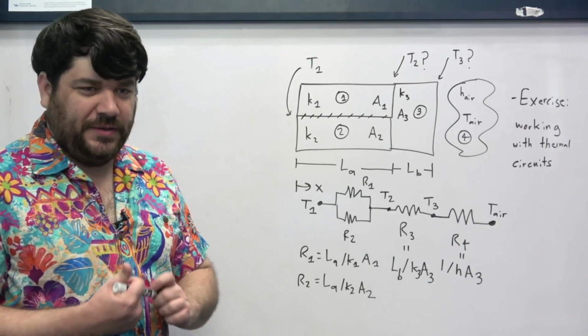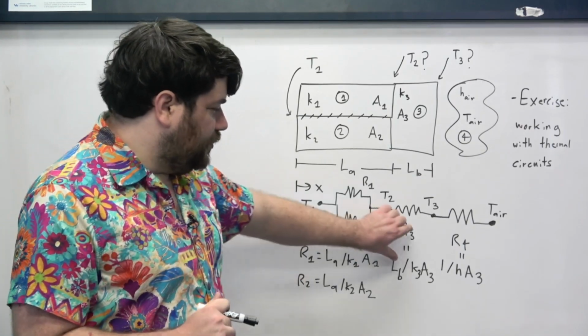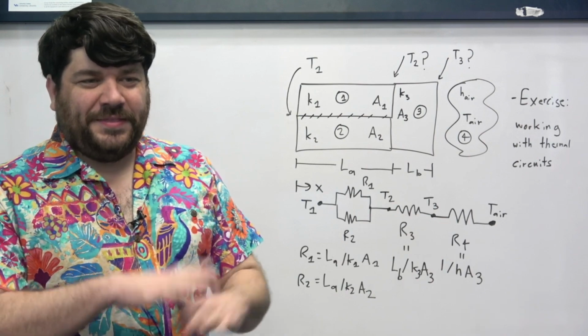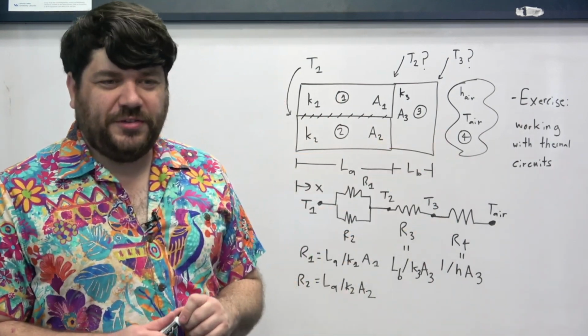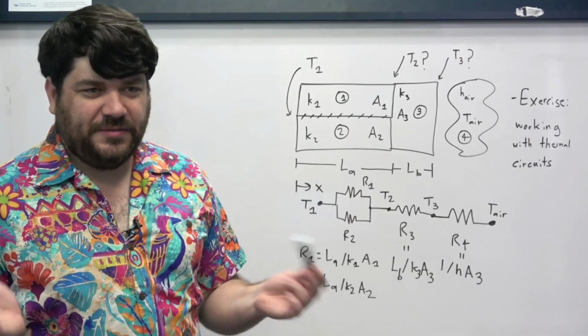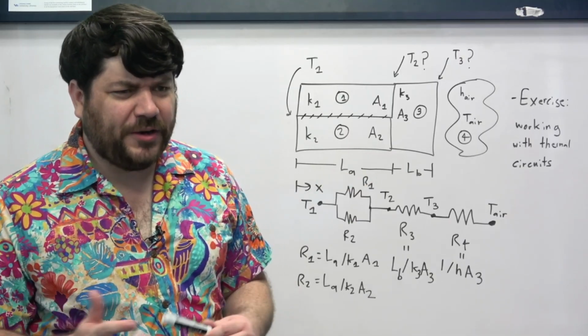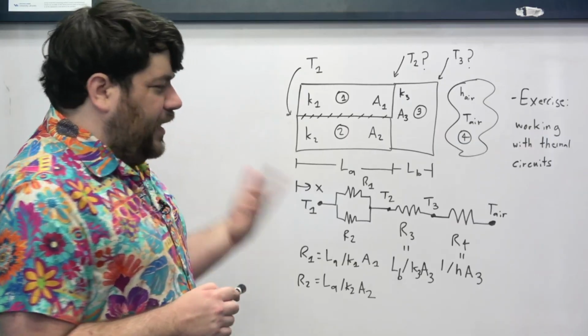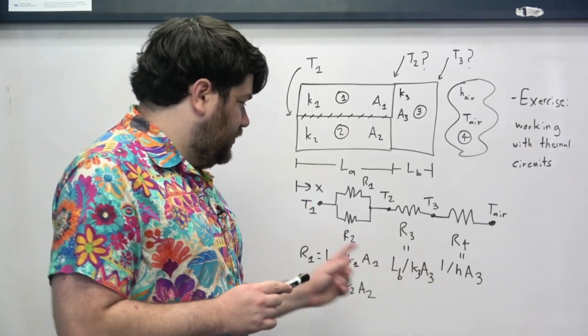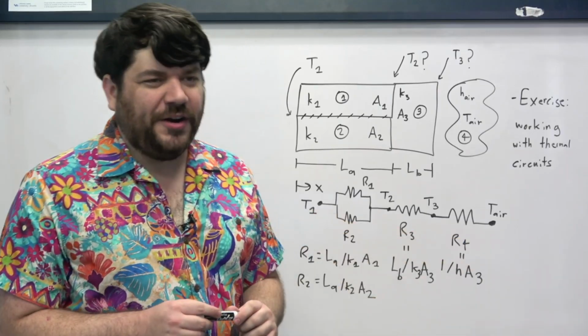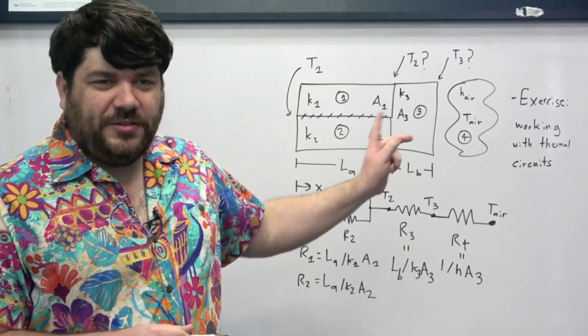Right? So R1, R2, R3, and R4. These are our expressions for each of the thermal resistances inside of this thermal circuit, inside of this thermal network. And now the question is, okay, assuming that we know all of these things, assuming that we know what T1 and T air are, can we figure out what T2 and T3 are?